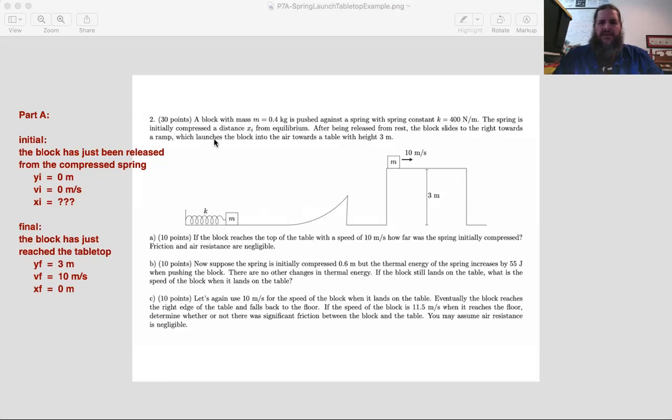Yeah, the block is at ground level. And we get to choose a coordinate system here. We can call Y equals 0 wherever we want. I think it would probably be most convenient to call ground level Y equals 0. So let's call this location on the diagram Y equals 0.